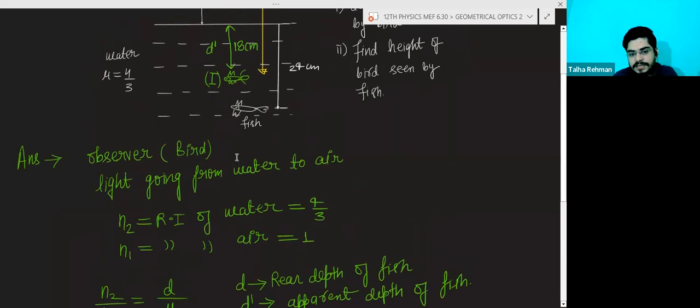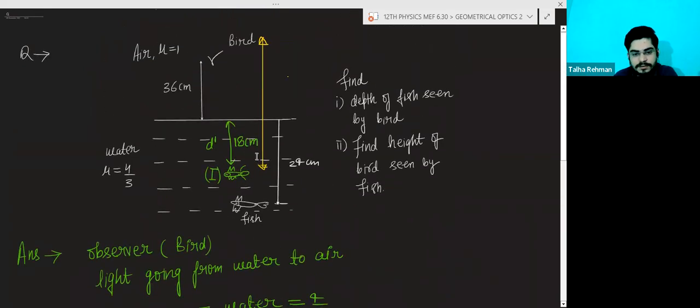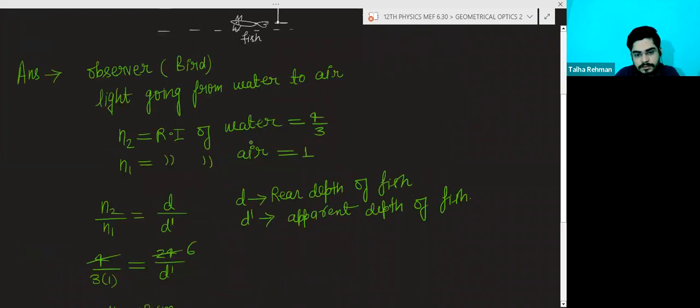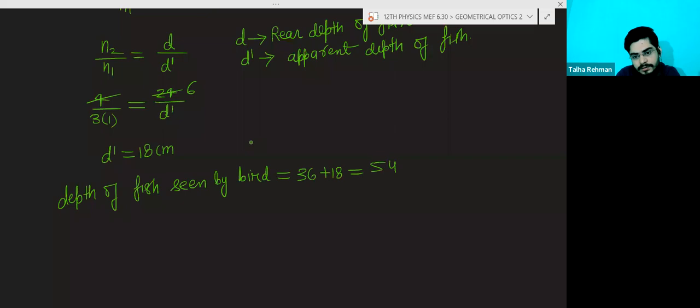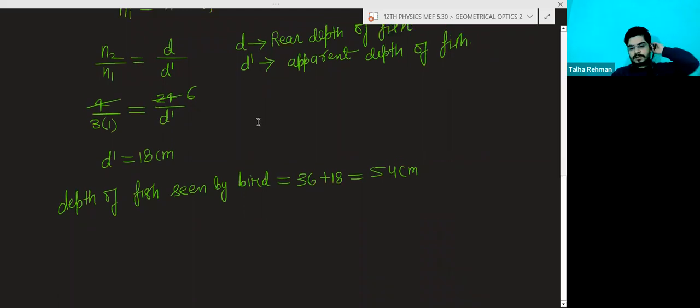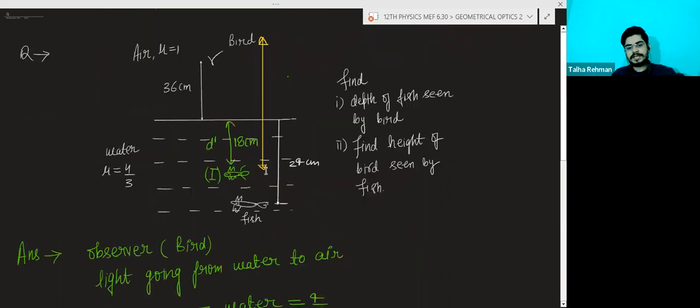This fish will appear here. 36 plus 18 will be 54 centimeter. So this fish will appear to be at a distance of 54 centimeter.